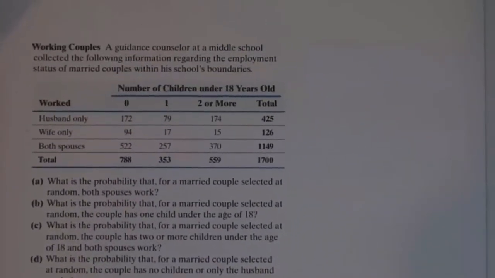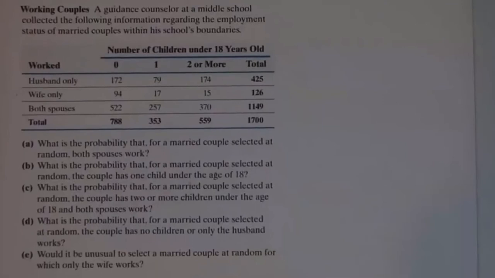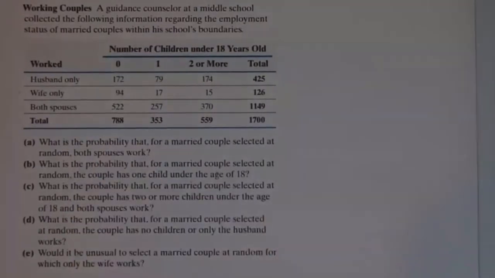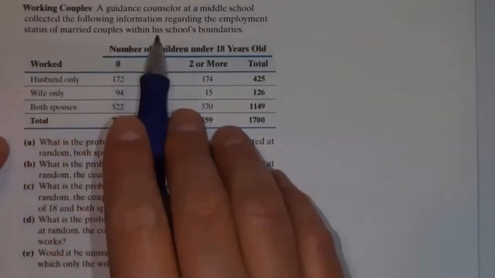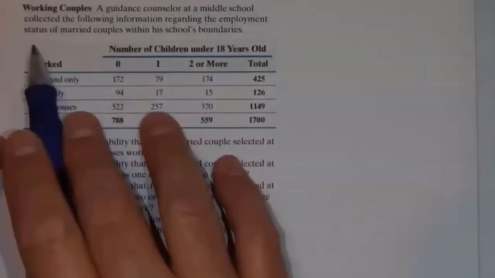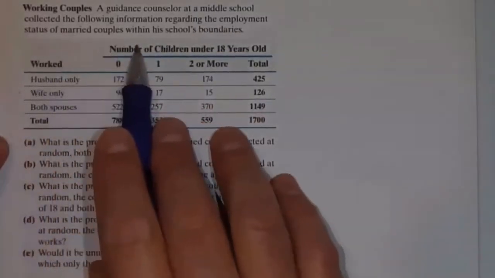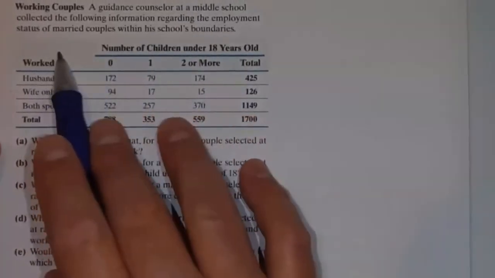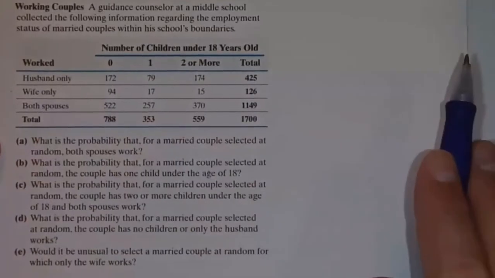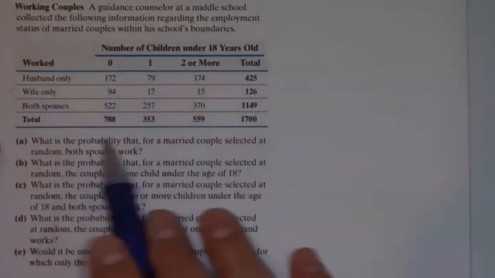So take a look at this next example. Working couples. A guidance counselor at a middle school collected the following information regarding the employment status of married couples within his school's boundaries. So we're looking at married couples within the school boundaries. That's what we have here.